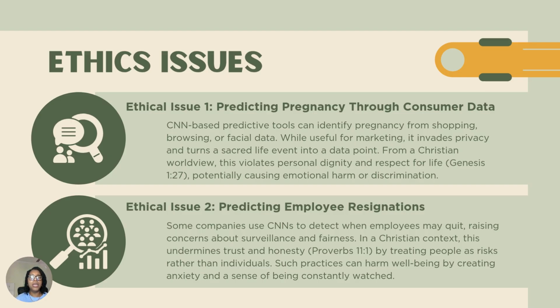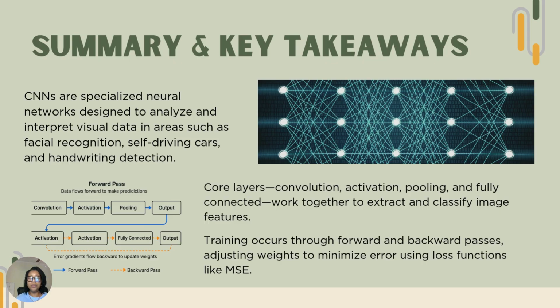And again, that can be a little predatory. It can impose fear and it can cause anxiety and it can impose on people's free will to leave a job. So we also have to keep in mind the ethics behind neural networks as well.